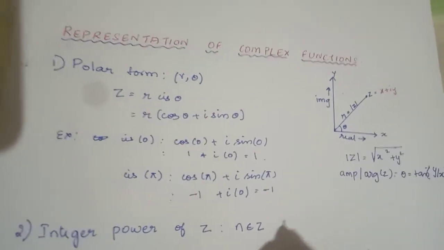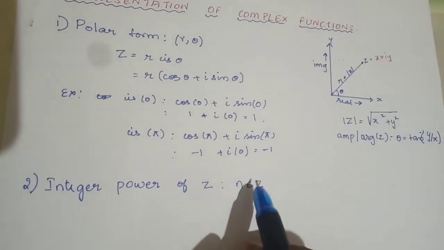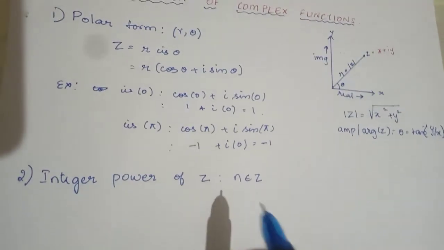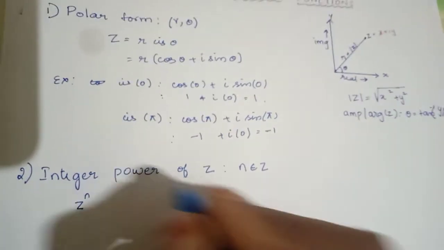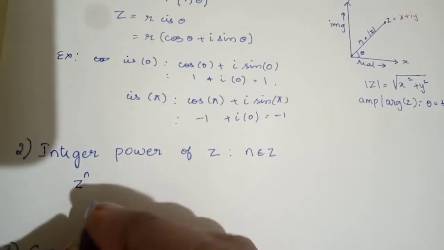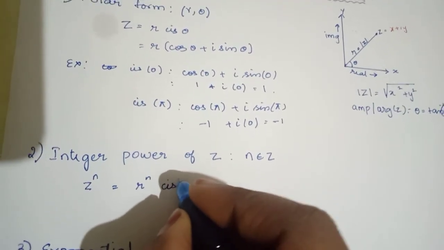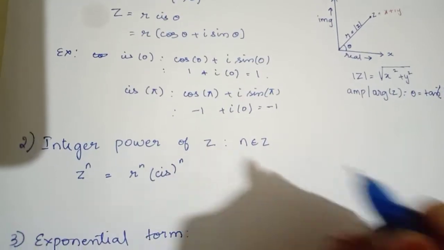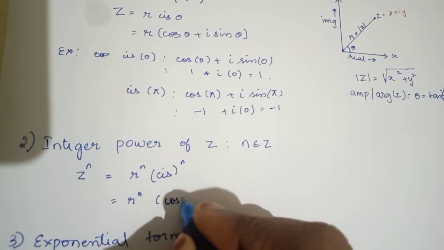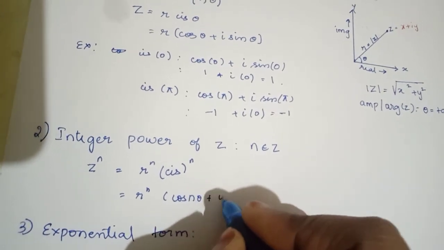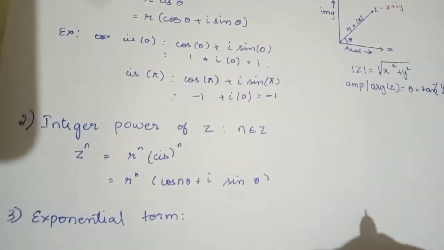The next type is the integer power of z, where n is the power and belongs to the integers. Considering z power n is equal to r power n cis n theta, which is written as r power n into cos n theta plus i sin n theta.